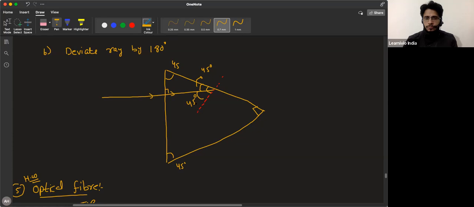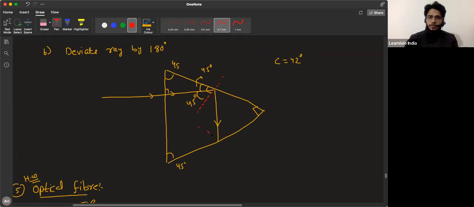How much is the critical angle for glass? Its critical angle is 42 degrees. So is it greater or less than the critical angle? It's greater. So what will happen? Will the ray come out of the prism or remain inside? Inside, sir, it will undergo internal reflection. So it will remain inside.